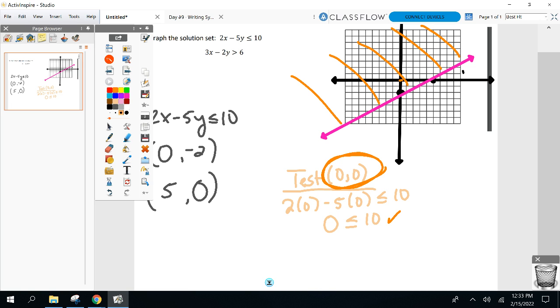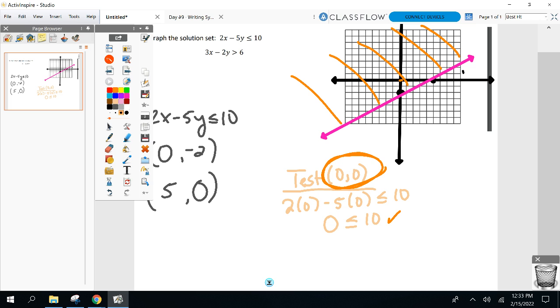If I put an X there and that was not true, I don't want my shading to go towards (0, 0). I want it to go away from it. All good? So if (0, 0) works, you want to say to yourself, when I put this colored pencil on my graph, I better be shading over (0, 0). If it doesn't work, don't shade it. Shade the other side. Sarah?